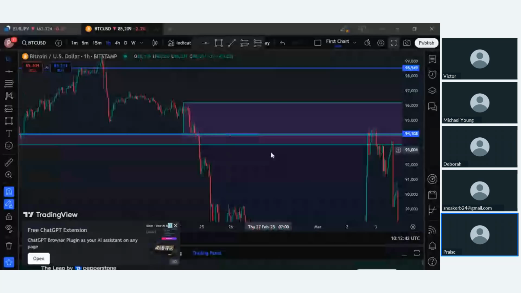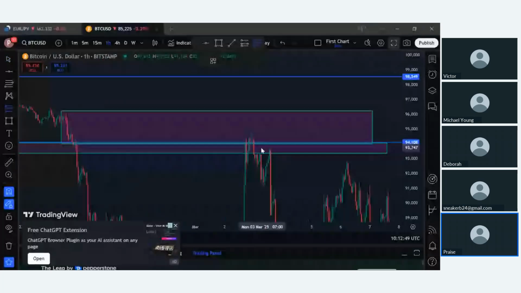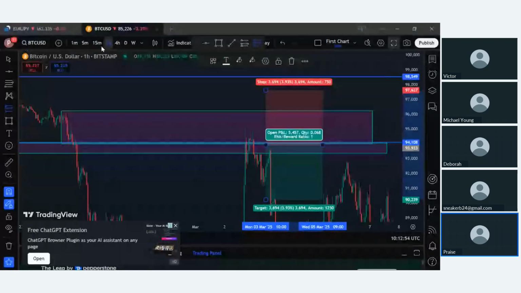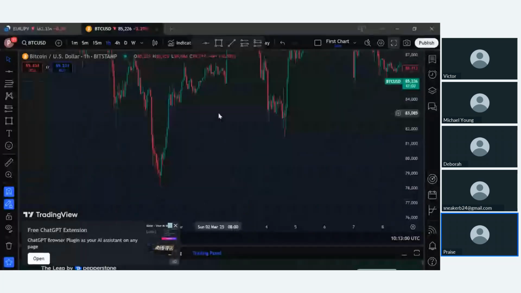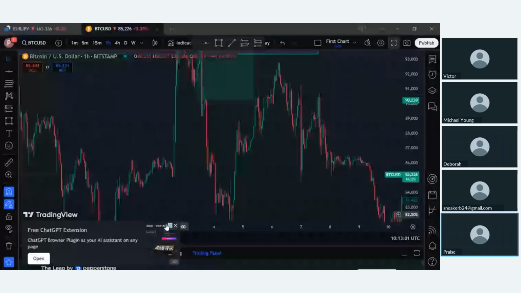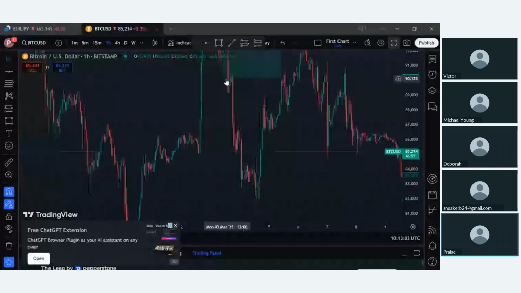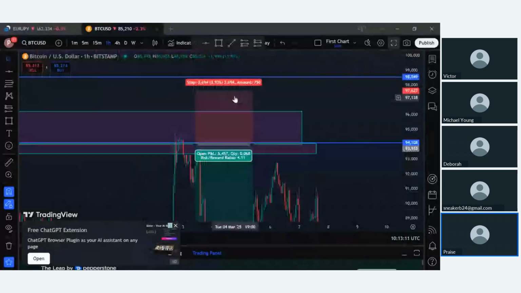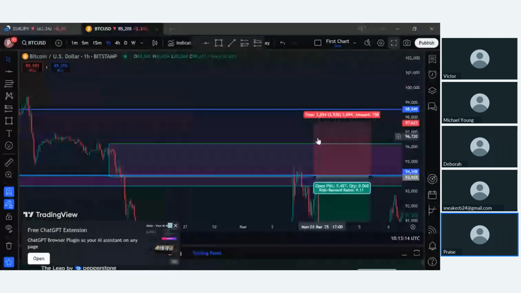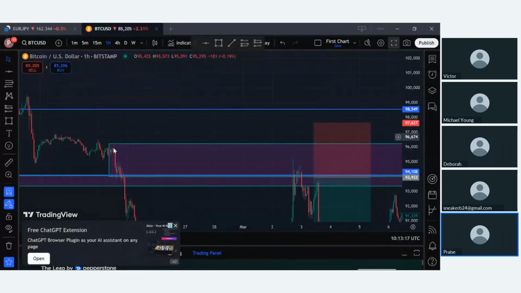And if we are taking entry from here, let's say we want to use this zone, you can use this zone to take your entry. Then in this case, because the market has moved before returning, you know what to do already. Just target the previous high of the move, right? Then you can put your stop loss just above the move.